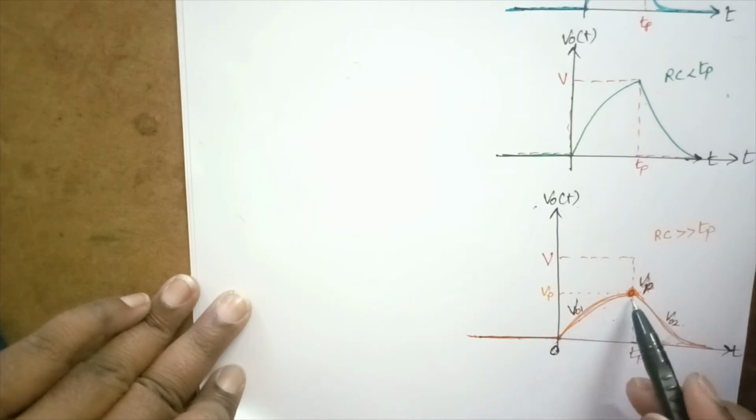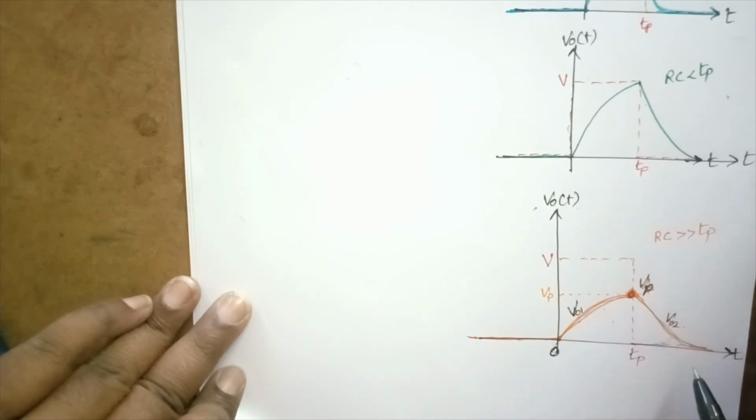V naught 1 is the output voltage that reaches Vp, then it falls to 0 with V naught 2. I write the expressions from the diagram.